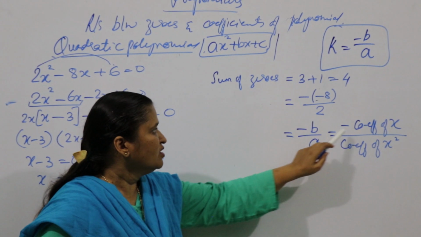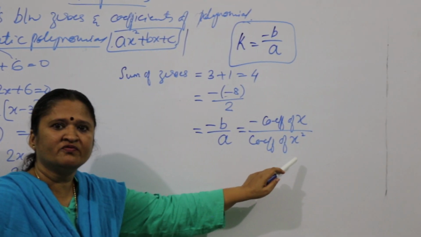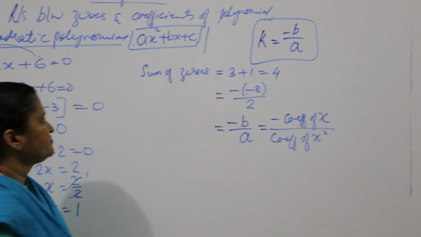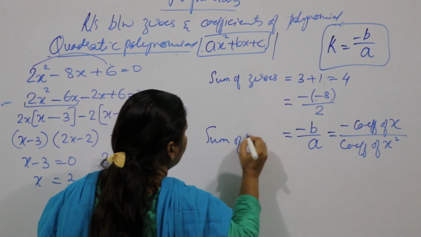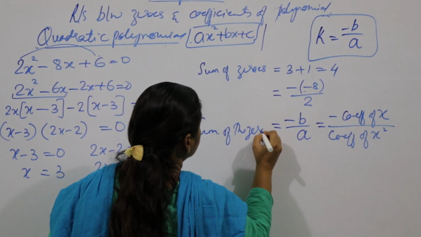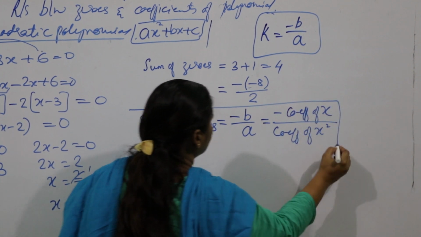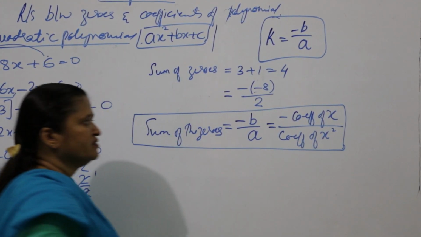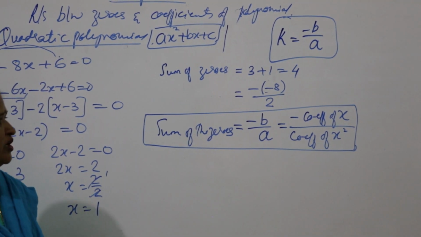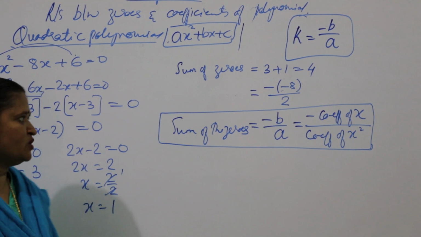So this b is the coefficient of x, and a is the coefficient of x square. We can conclude the sum of the zeros is equal to minus b by a, which is minus coefficient of x by coefficient of x square.